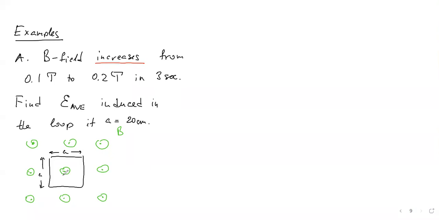If the external field is out and decreasing, then I would like to support it and create a magnetic field out to compensate the drop. In this case, the magnetic field is increasing. You start to have a stronger field. So the induced field will be in.